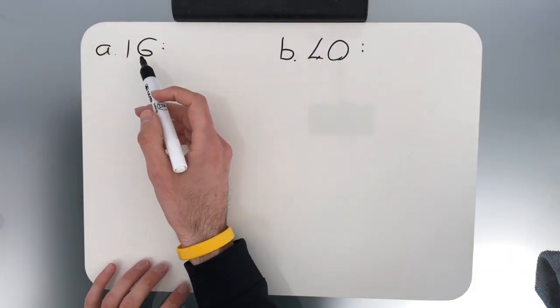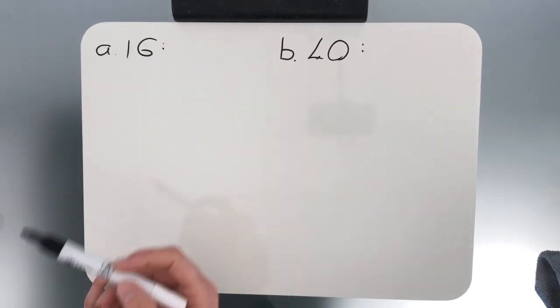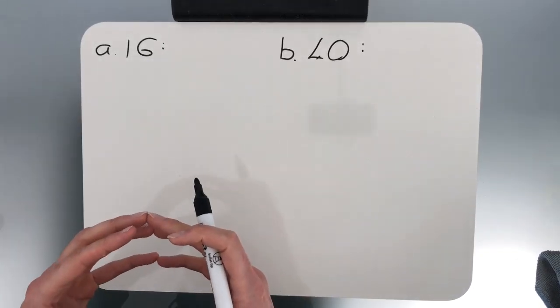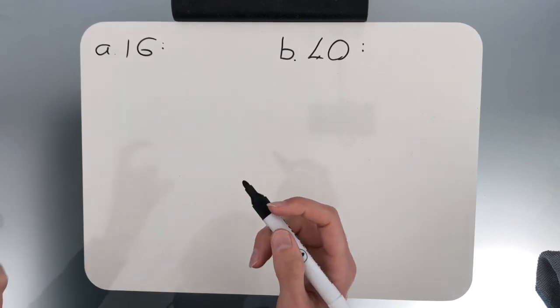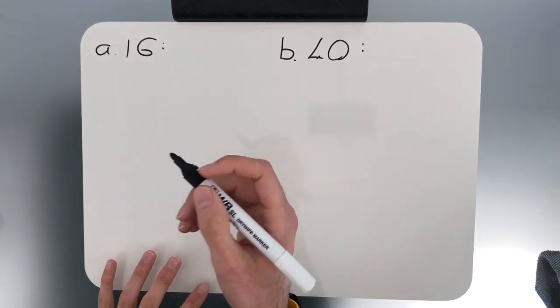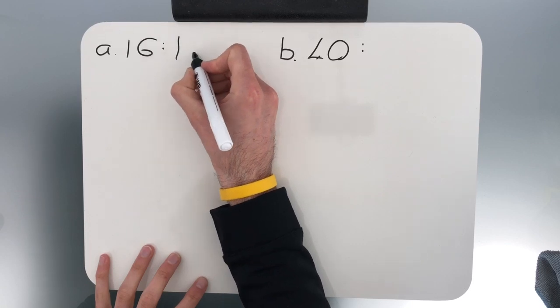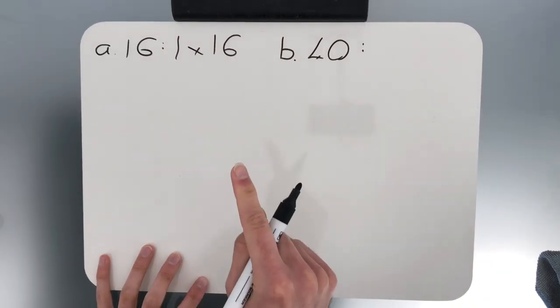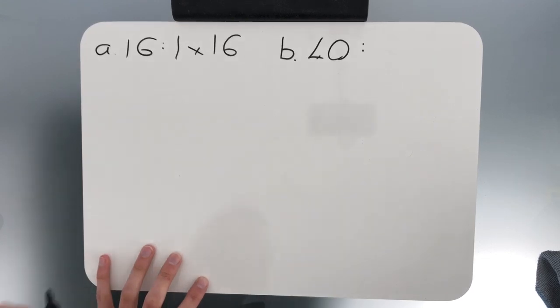In this example, we're looking for factors of part A, the number 16. So to do this, the best way to approach it is to talk about pairs, so numbers that multiply together to give you the 16. Now we always start with the number 1 and the number itself, i.e. 16, as they will always be definitely 2 factors.